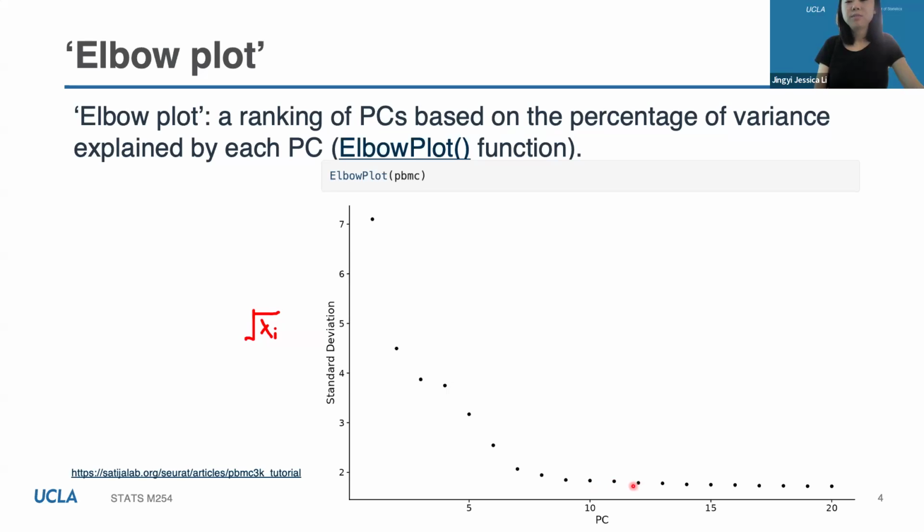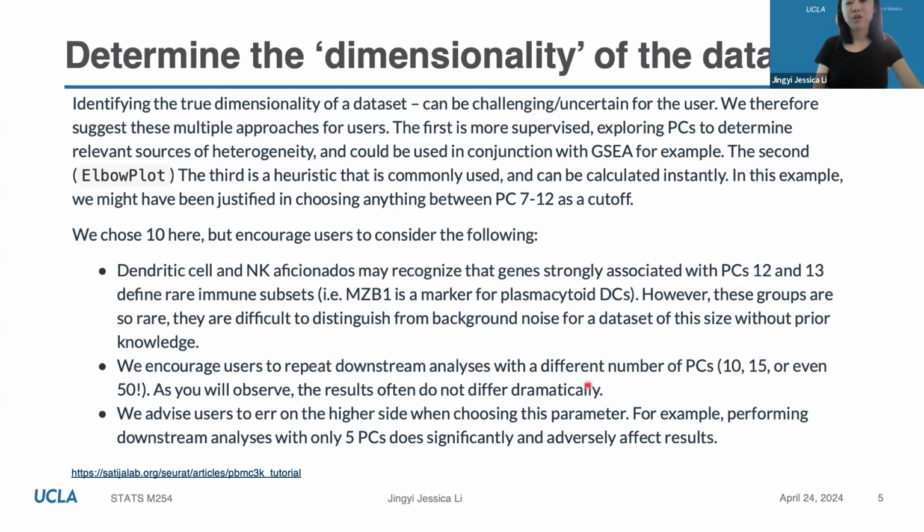However, even the small variance they explain could be biological. That's what this point is saying. But we cannot tell it from data. We have to use knowledge, because from data, the variance explained by PC12 is so small, it's not bigger than the variance we expect from just the measurement model, the Poisson model. The Poisson model itself will give you some degree of variation, right?